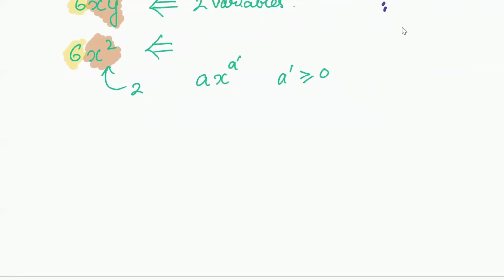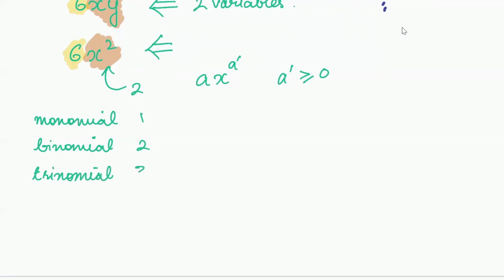Now, depending on the number of terms, we can define them as monomial, including one term, binomial, including two terms, and trinomial. For example, 6x squared plus 2x, then 6x squared plus 2x plus 3.